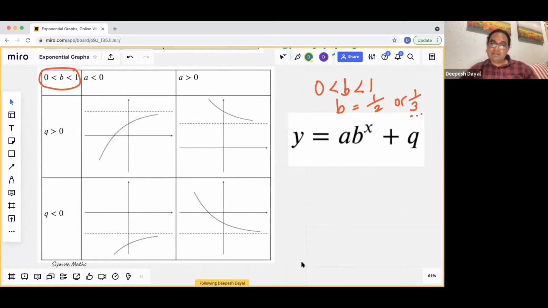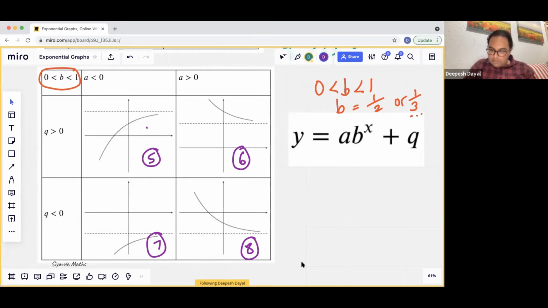Now we see we've got different situations here. That was 1, 2, 3, 4. Let's label them. I'm going to call this one 5, 6, 7, and 8. And we can see for this first one, A is less than 0 and Q is greater than 0.